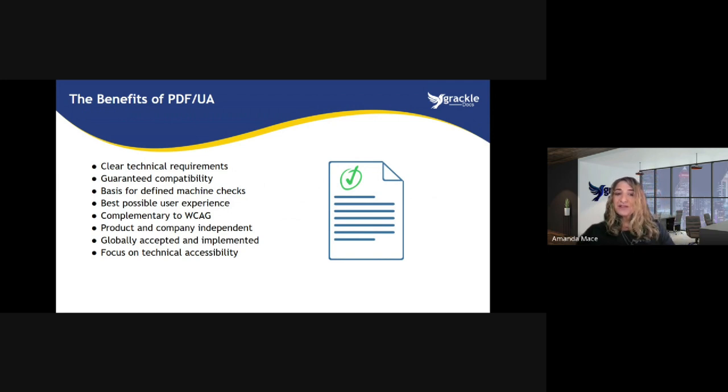So PDF UA focuses on the technical accessibility, not the content. What WCAG2ICT does, and this is a great standard, is it focuses on all those other aspects of the content. For that reason, you'll notice that a lot of the PDF UA things, they don't specify content-related aspects, right? They defer to WCAG for those elements.